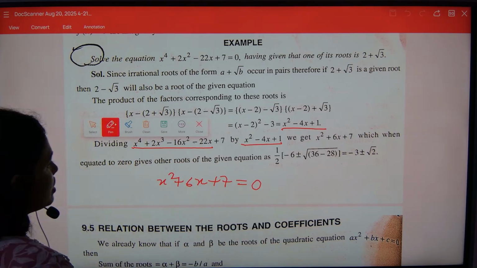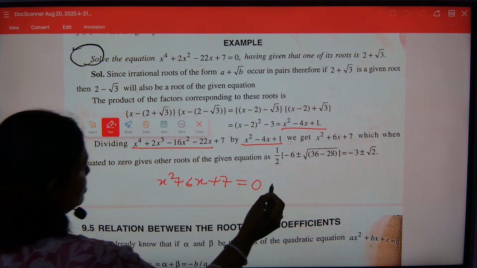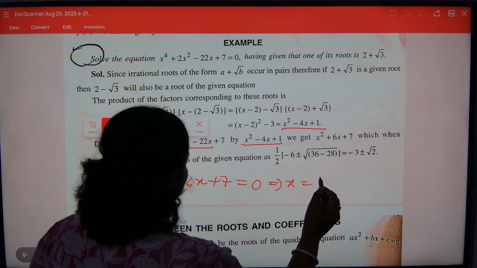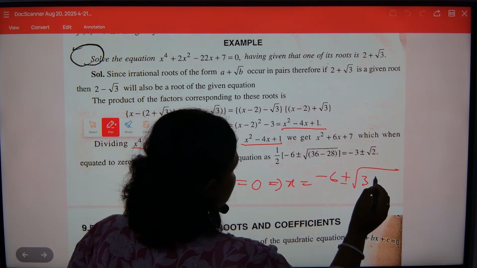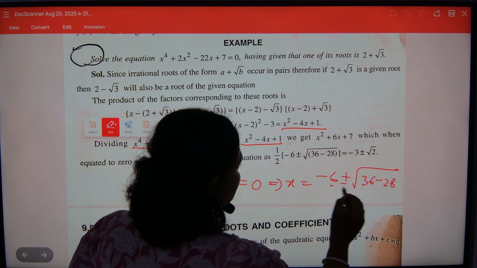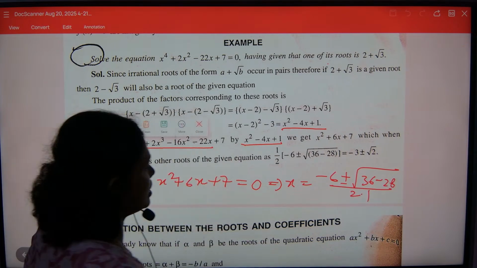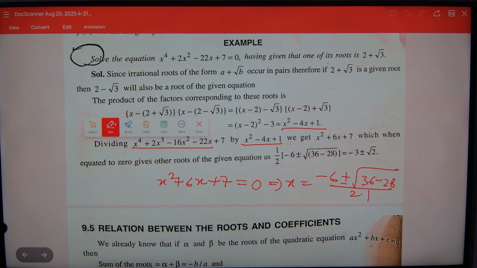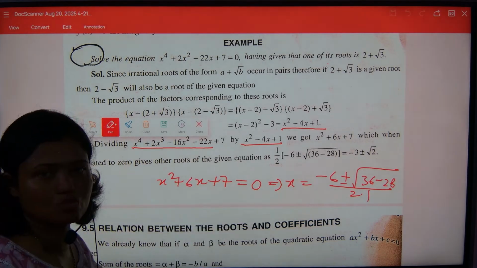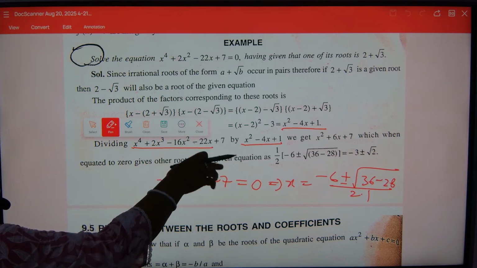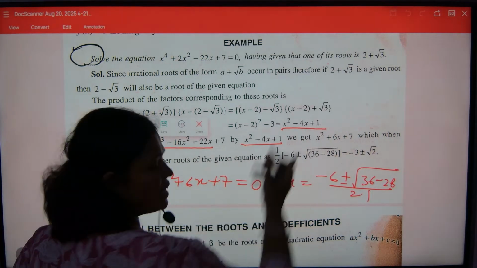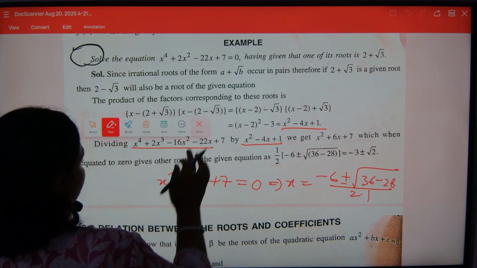How to solve? x equals minus b plus minus square root of b square minus 4ac divided by 2a. Done. So here we have all 4 roots. In this manner you can go through the complex roots also, right?